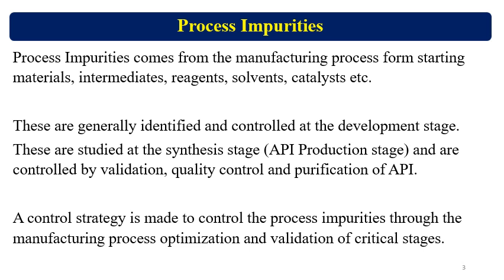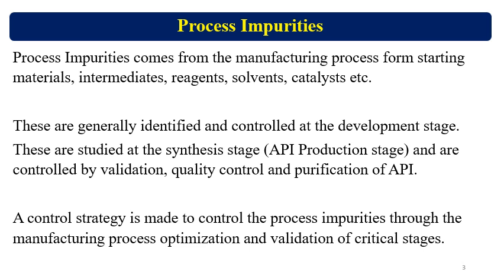These impurities generally originate from the manufacturing process or synthesis or ROS, that is route of synthesis of the API, and these come from the starting materials like raw materials, intermediates, reagents, solvents, catalyst used for the manufacturing of the API or drug substance.